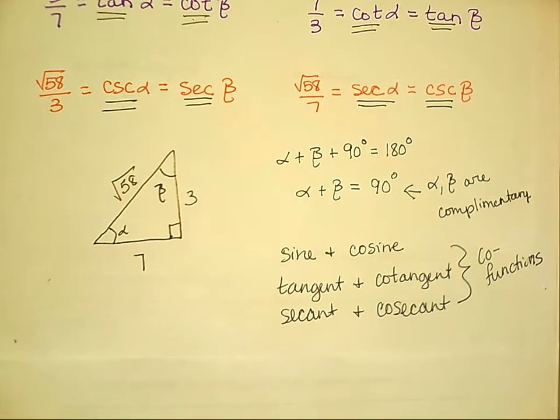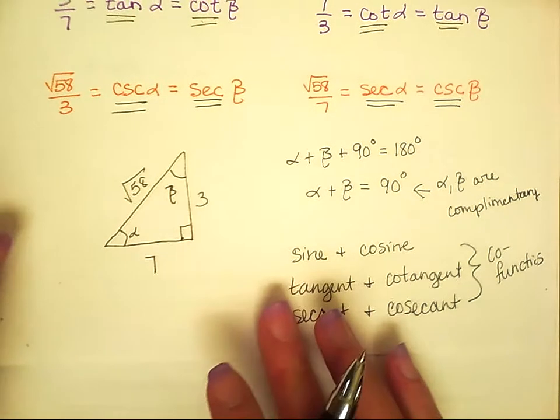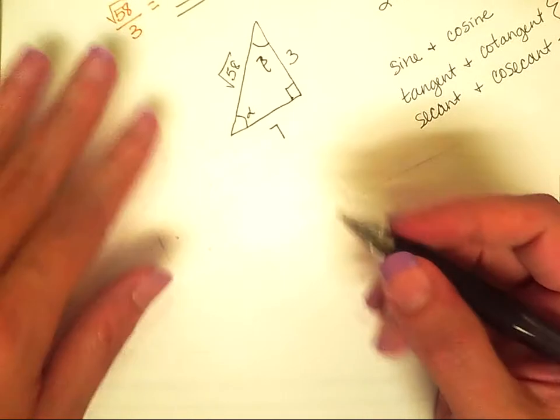Cofunctions. Right. Now this is not the same as the reciprocal function at all. Okay? These are cofunctions. And what this leads to here is one of our biggest theorems. A theorem is something that has already been proven and we don't have to prove, we can just use the result.